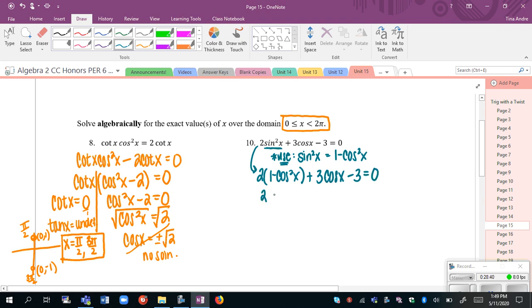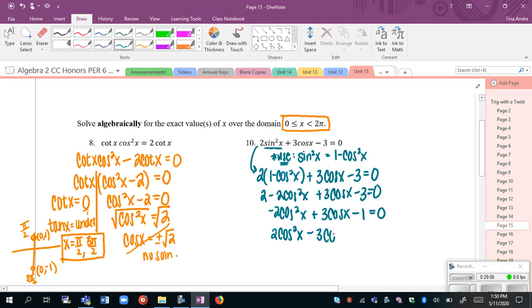So go ahead and distribute, and then combine like terms. 2 cosine x plus 3 cosine x is going to give me minus 1. Now again, I want to divide everything by negative 1, because I never want to try to factor with a negative leading coefficient. So essentially, I'm just flipping my signs.